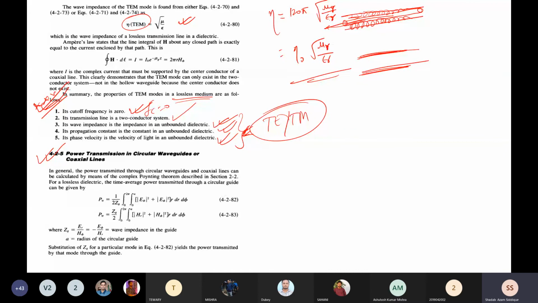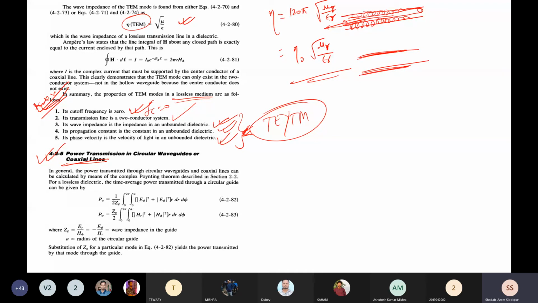So power transmission in a circular waveguide or coaxial line is written separately as coaxial line. In a coaxial line, if I ask you which mode exists, you will say, sir, TEM mode will exist in the coaxial line.